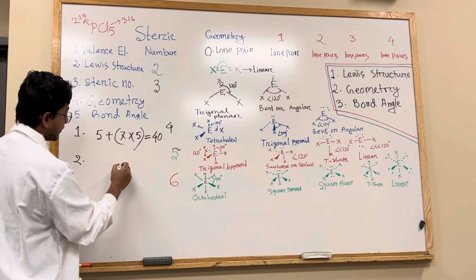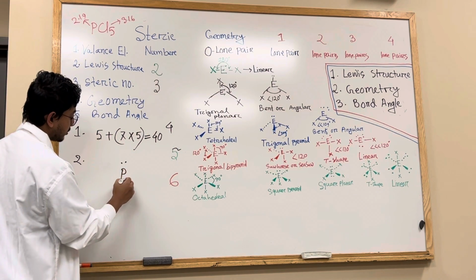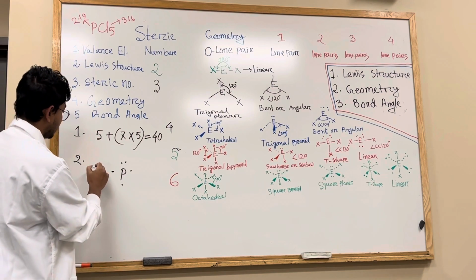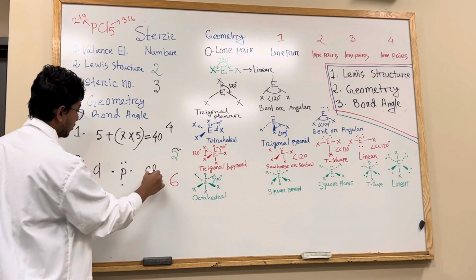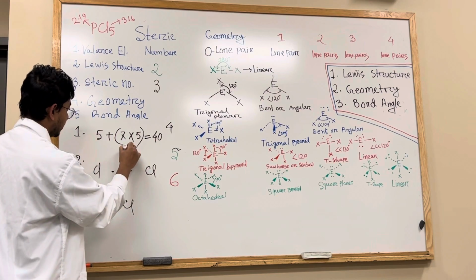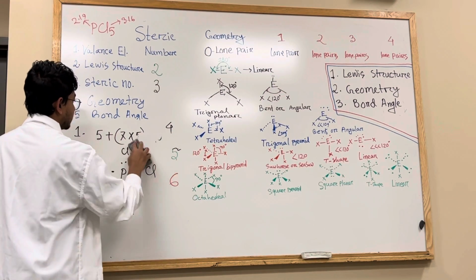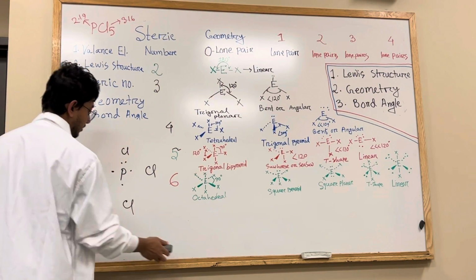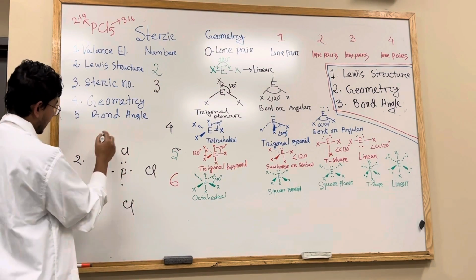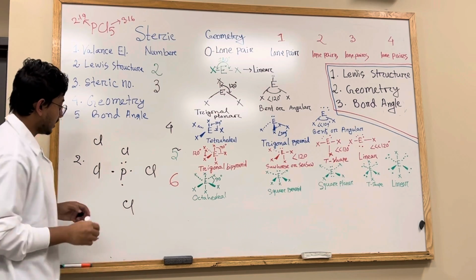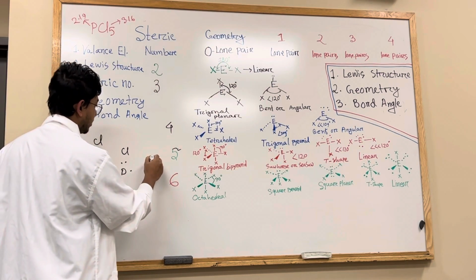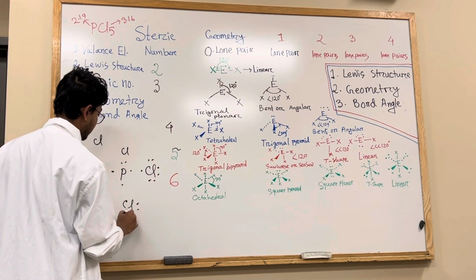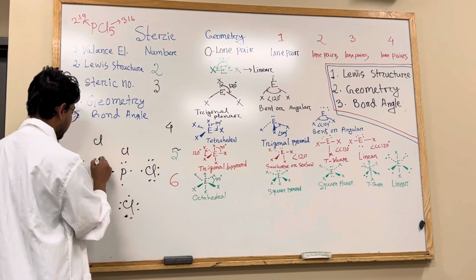Phosphorus has 5, so we set the 5 valence electrons here. Then we will set the chlorines. I will erase that part. I need another chlorine here. Then I will set their valence electrons, which is 7. You can see chlorine has 7 valence electrons.